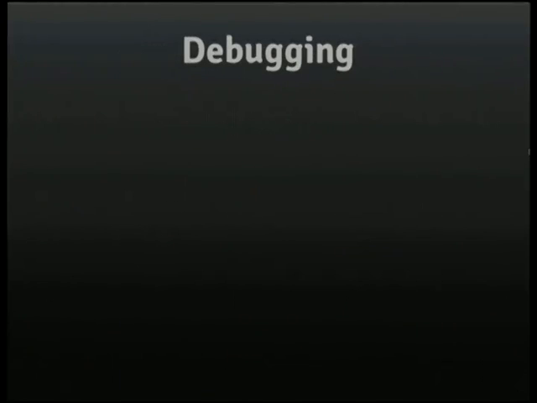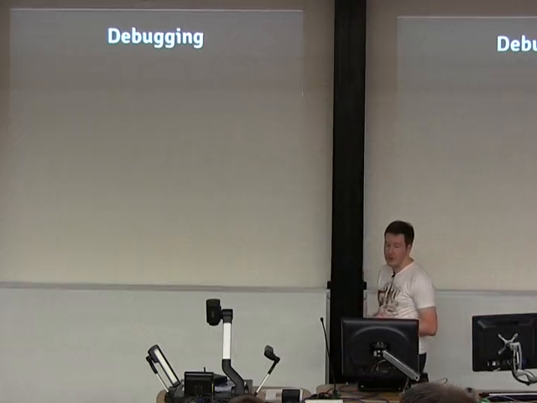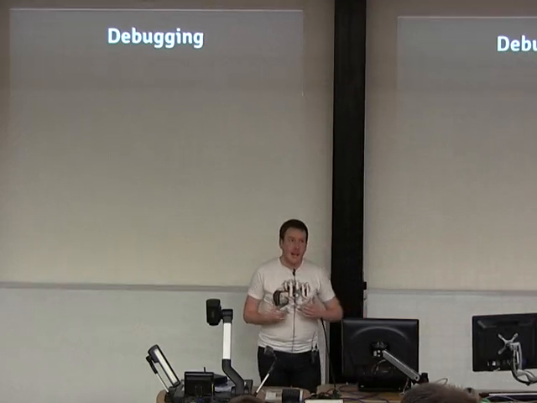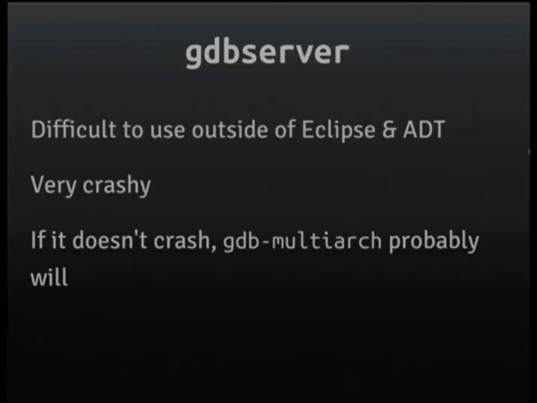So in terms of debugging, at some point you're probably going to want to attach a debugger to something that you've written. Now, Android does actually provide GDB server. A standard Android firmware will have GDB server unless the vendor's gone out of their way to remove it. Even though it's a standard component, it's fairly difficult to use outside of Eclipse and ADT.